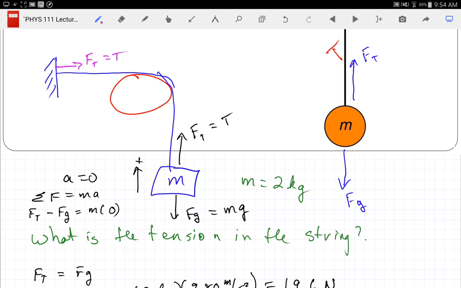Now the tougher question. What force does the string put on the pulley? How many places does the string leave the pulley? 2. And we said that it applies a force equal to, what's the magnitude? The tension. And what about how do we determine the direction?